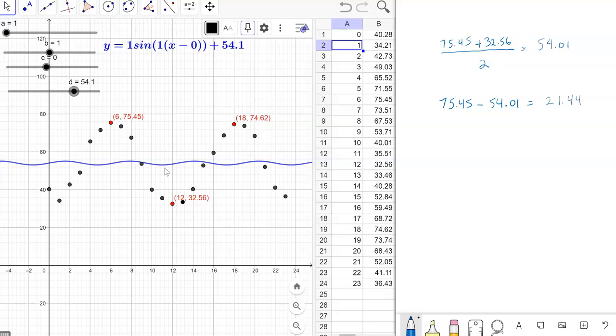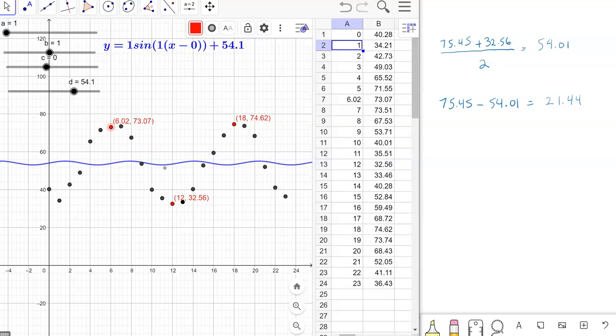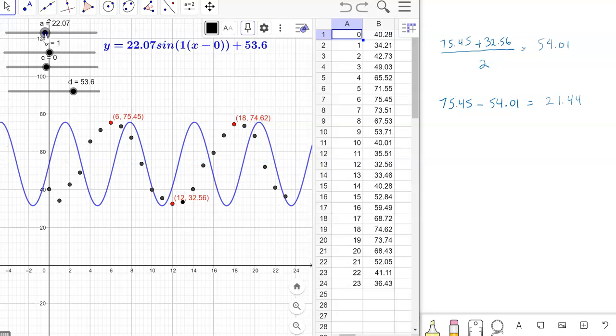Right, so that's really the difference between that point and our line. All right, so 21.44. So if I go and move this up to 21.44, I'm going to do my best I can to get close to it.